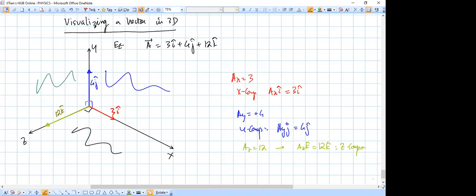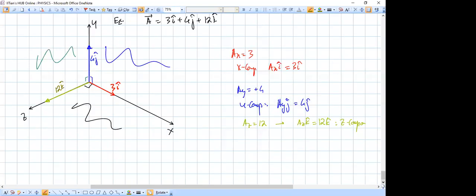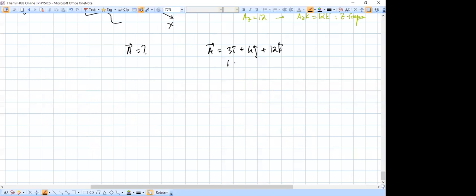Now what is the vector E itself? Having understood this, now let's try to understand what is the vector E. E is the sum of 3i cap plus 4j cap plus 12k cap, or Ax i cap plus Ay j cap plus Az k cap.